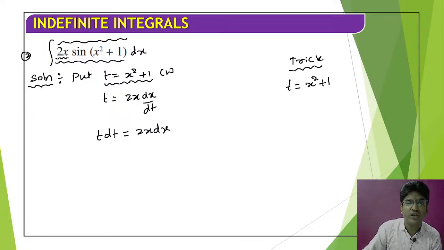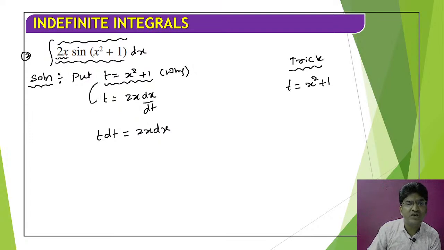There is a question: why should I write t equal to x square plus 1? Why can't I write t equal to another function? Whatever you write for t, you have to differentiate.